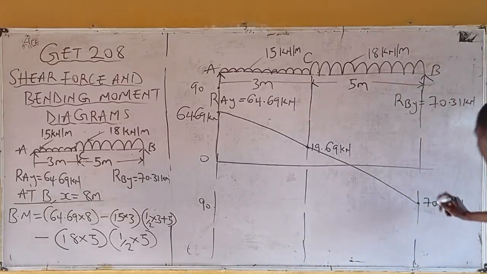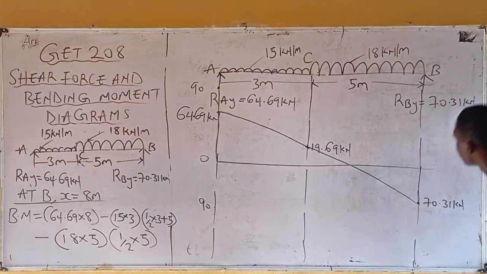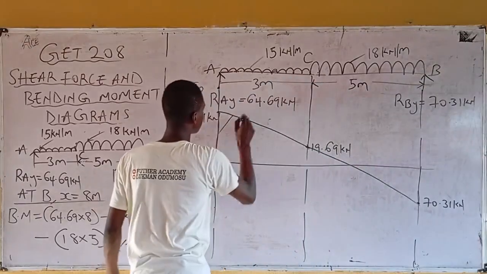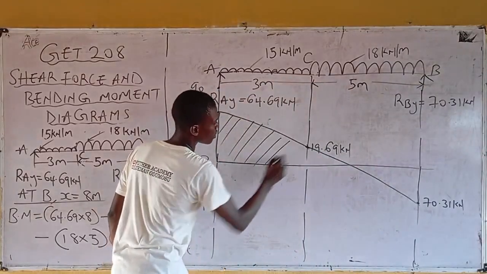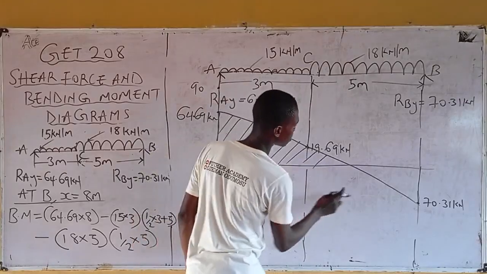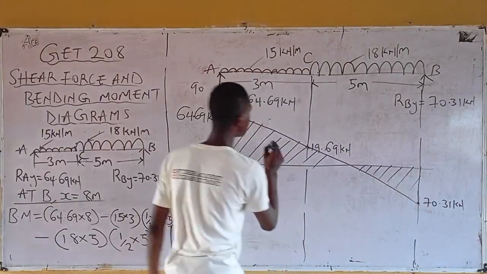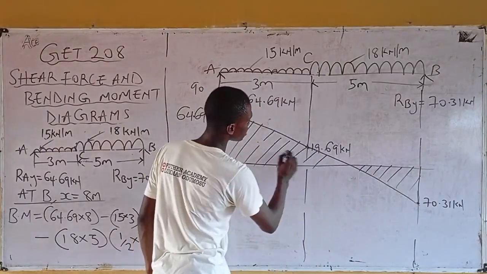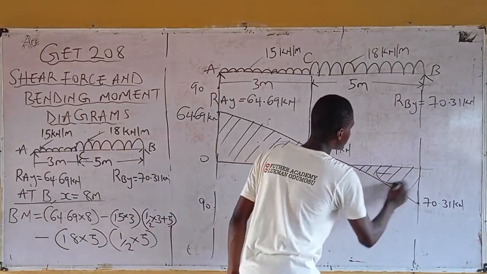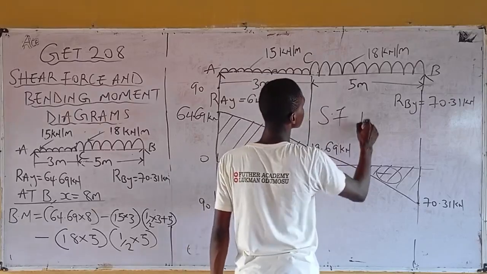Now shade. This is positive. This is negative. Right. Shear force diagram.